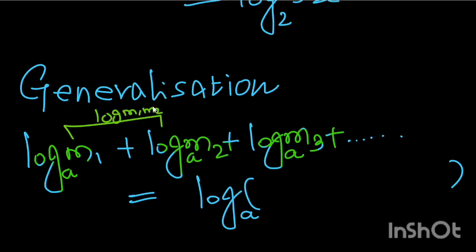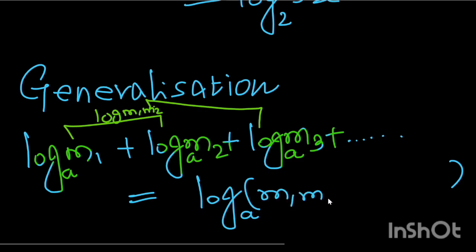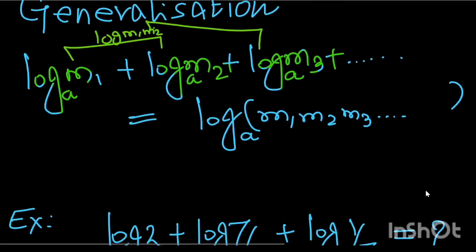Now you apply this and this, you will get log m1 m2 m3. In a similar fashion, it can be proved that if we add logarithms of m1, m2, m3 and so on, it would be log of m1 m2 m3 all in multiplication till mn, or whatever number of terms it is.